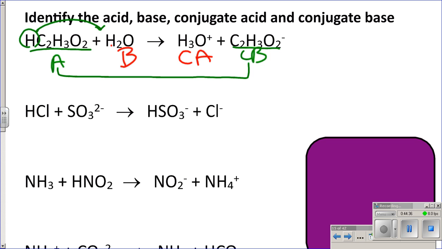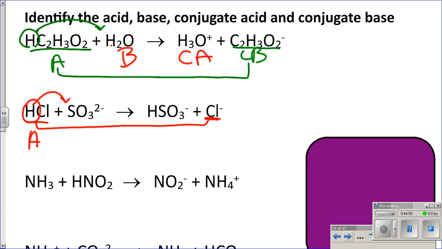Let's do the second one. Assess the situation here. What did this do? Use your words: it donated an H+ to sulfite. Yeah, it's a donor, so it's an acid, and the acid always makes whatever it became.